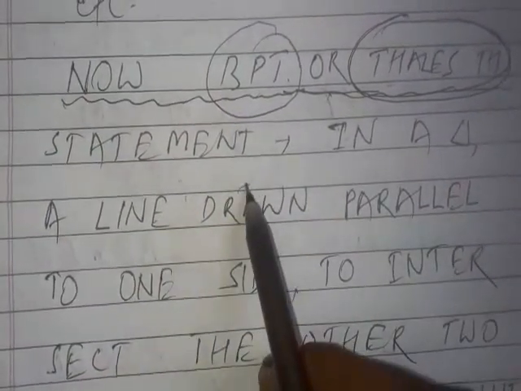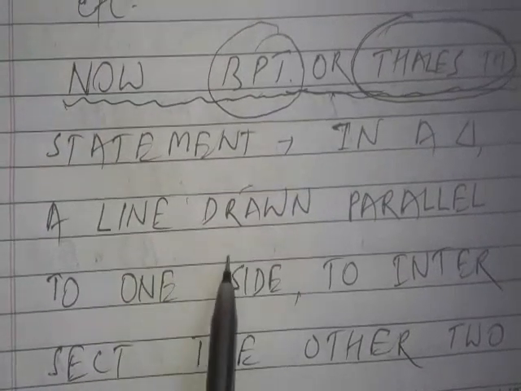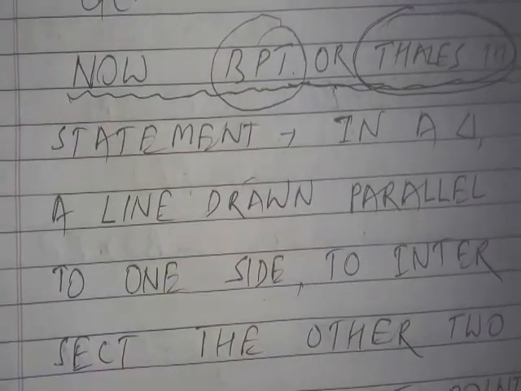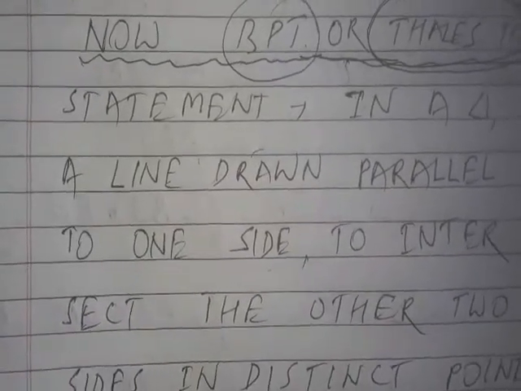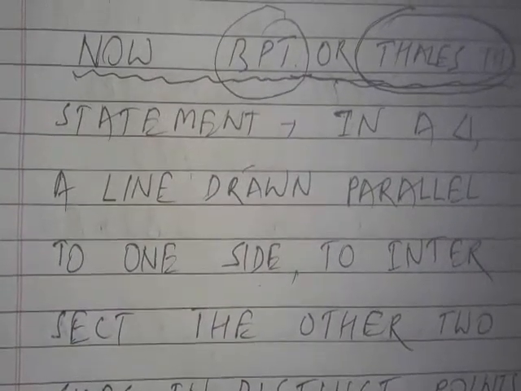is this one: in a triangle, a line drawn parallel to one side to intersect the other two sides in distinct points divides the two sides in the same ratio.